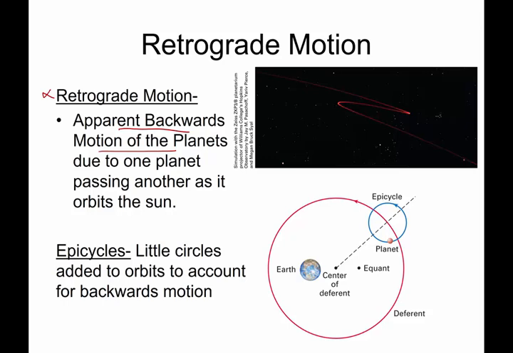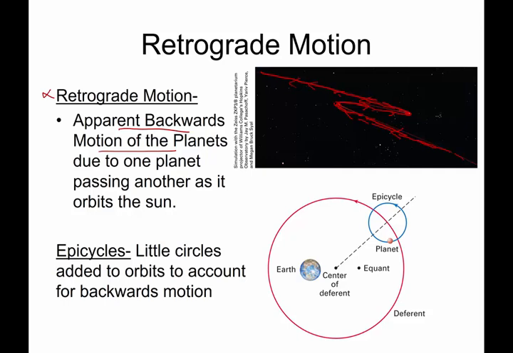If you look at the orbit of any planet over time, it's going to look like it goes forward and forward and forward, slows down and stops, turns around, goes backwards, turns around and stops, and then goes forward again. Well, first off, planets do not stop, turn around, and go backwards. They have so much mass and inertia, that's not going to happen. But it was observed, so they had to come up with a model that explained that.